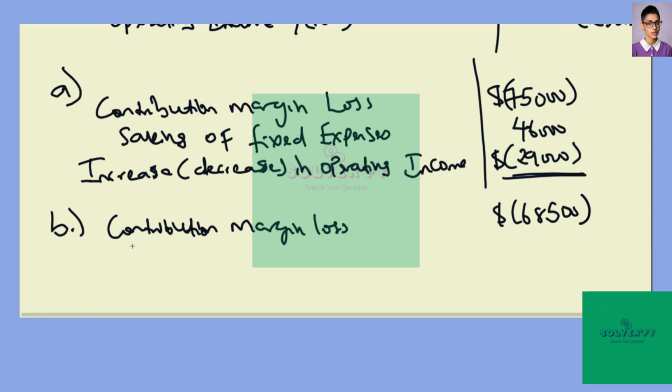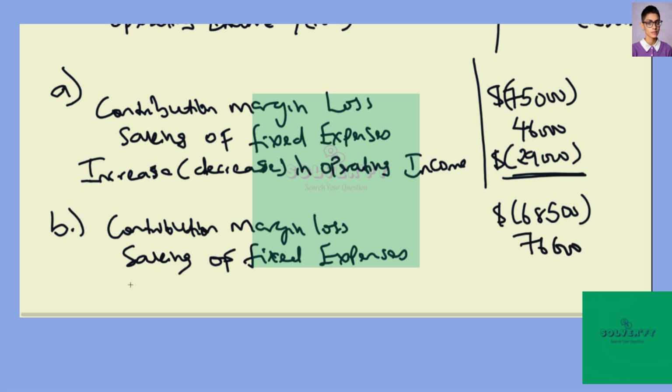So therefore the increase or decrease in operating income, so this time is a decrease, so that would be 8,100.